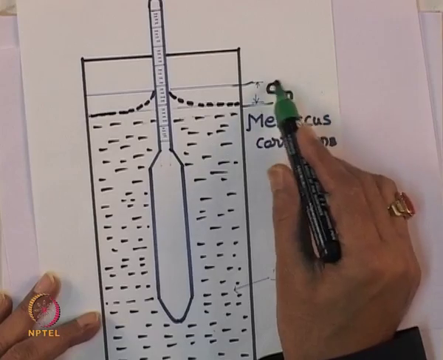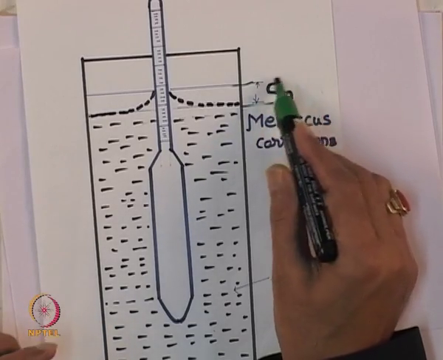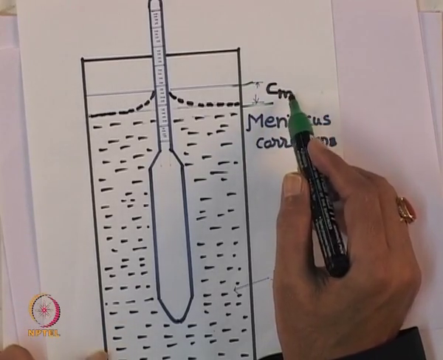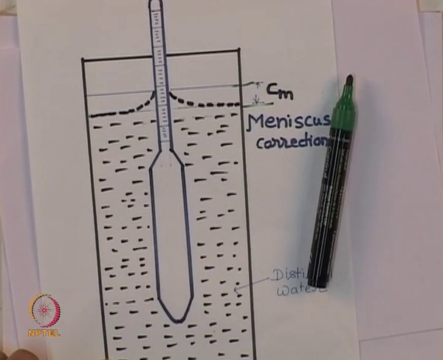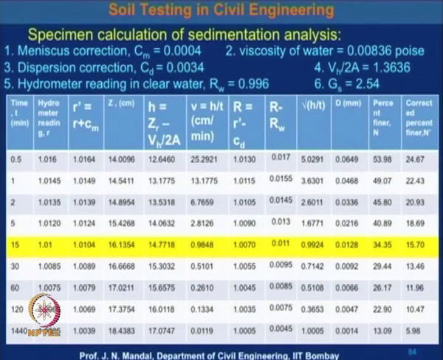This meniscus correction is to be added. This is Cm. In this table also the meniscus correction is designated Cm, and here we have 0.0004. This way we do the meniscus correction.